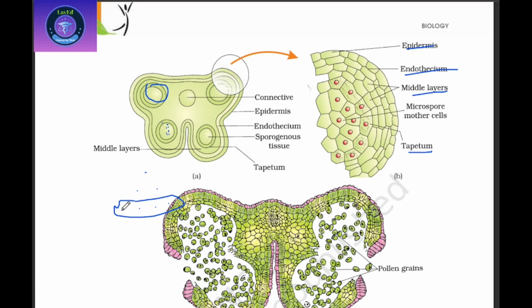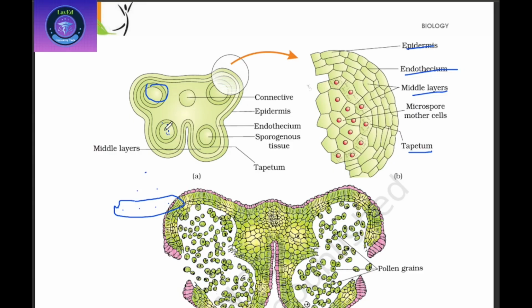Should I teach you one more time? I will repeat it. Just listen to me, it will be very clear. First of all, you get the anther, tetragonal in nature. The anther possesses two lobes, hence called bilobed.